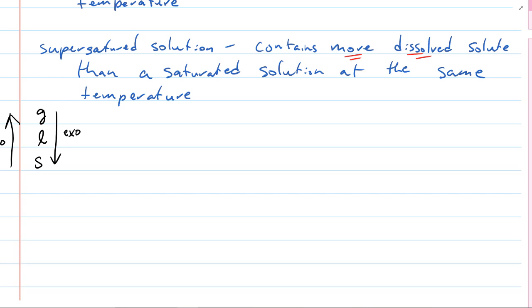Another place you may have seen it, my first exposure that I remember to supersaturated solutions, was in elementary school, when we made rock candy. I don't know if any of you have ever done that before, but you take some water and dissolve some sugar into it, maybe like 1 cup of sugar to 1 cup of water, which is not going to dissolve in water.